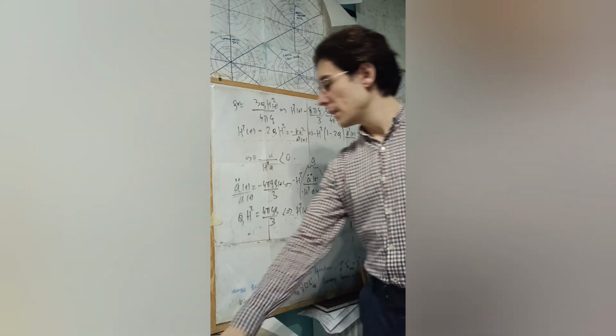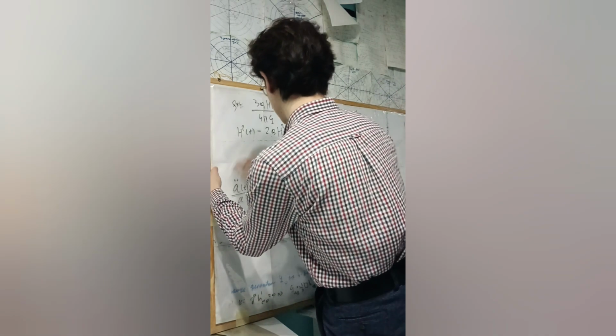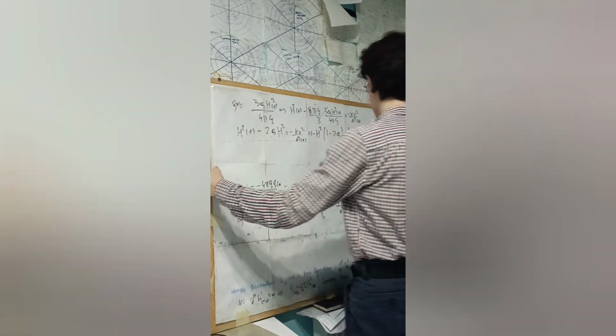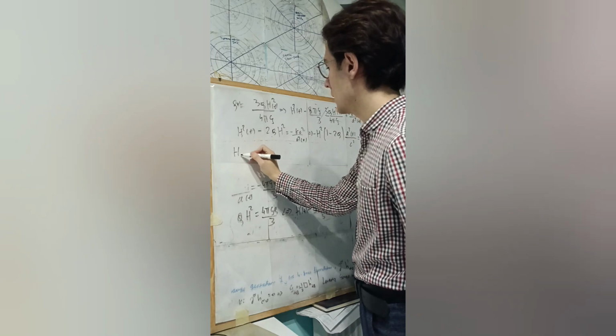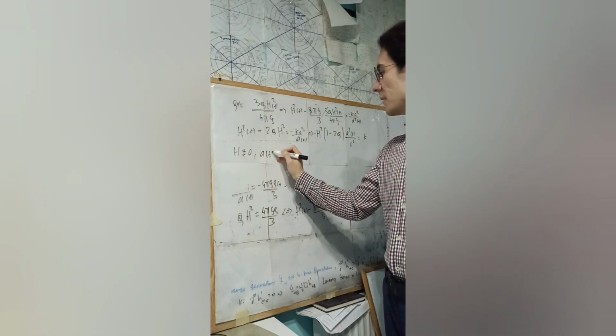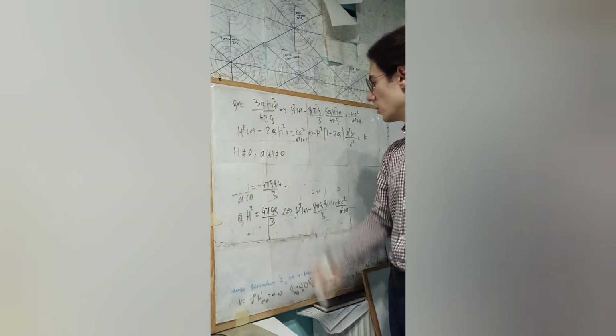So what we know is that only this thing we are interested in. So permit me then to explain that. Okay, so H cannot be 0, and the same holds for the scale factor a of t, it cannot be 0. So the only thing that can be 0 in here is the q.